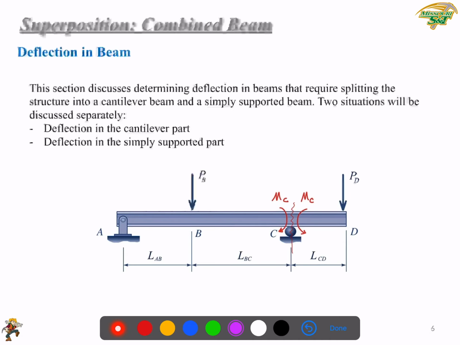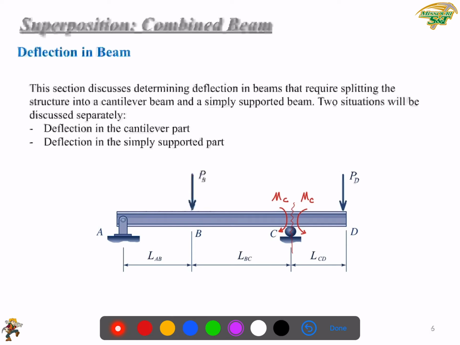When we talk about the combined beam, we will discuss determining the deflection in beams that require splitting. You need to split the overhanging beams into cantilever beams and simply supported beams. So the two situations will be discussed separately. You need to split them and then calculate the deflections based on our method in the last section. To calculate their deflections, then consider how to combine them together.